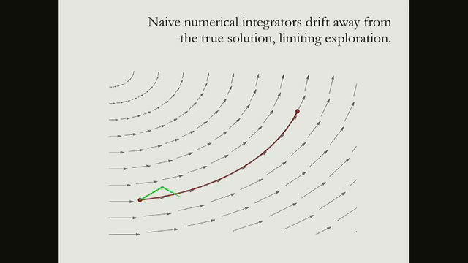Fortunately, we have these symplectic integrators that I mentioned. And these symplectic integrators, we actually derive from the mathematics of these systems themselves. They're very, very unique to these problems. And one of the magical properties of symplectic integrators is that they don't drift. We can integrate for very, very long times, even in incredibly high dimensions.